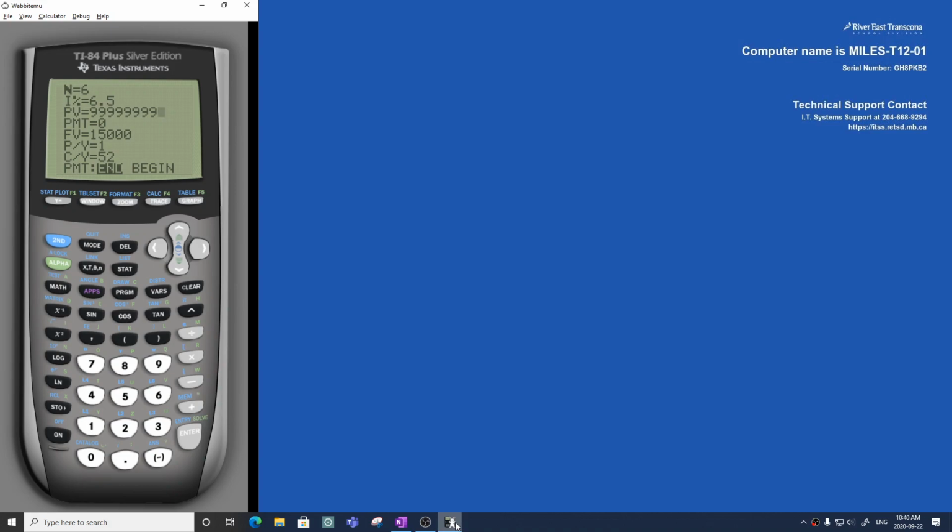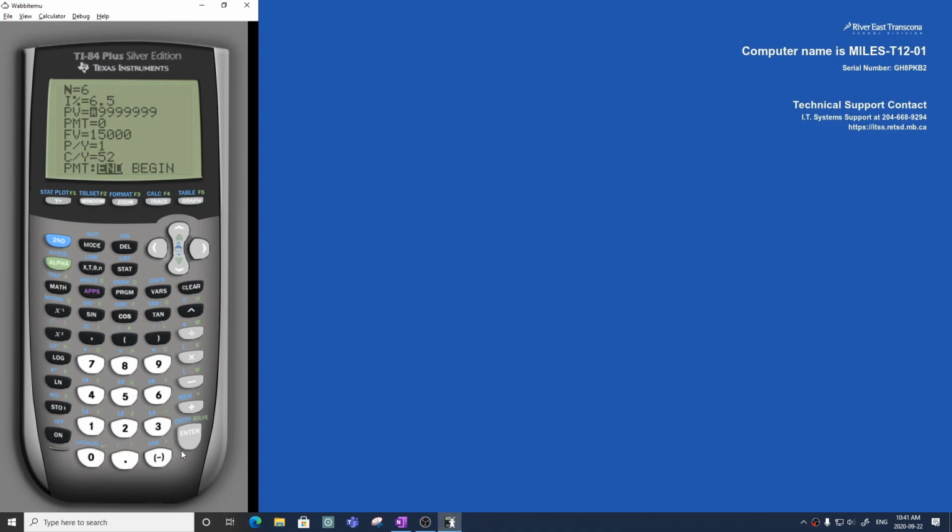N is 6, I is 6.25. My payment, I'm going to make 0. My future value, I would like $15,000. Payments per year is 1. And my times that is compounded, since it's compounded weekly, there's 52 weeks in a year. There it is. So this is the amount that I would like to calculate, my present value.